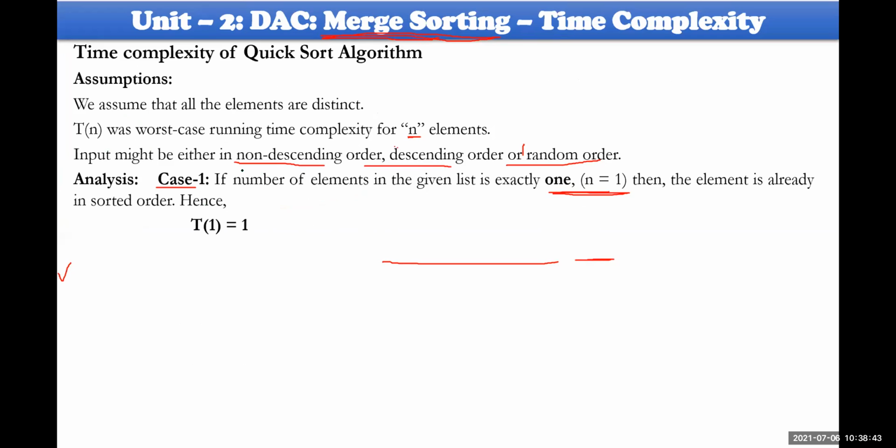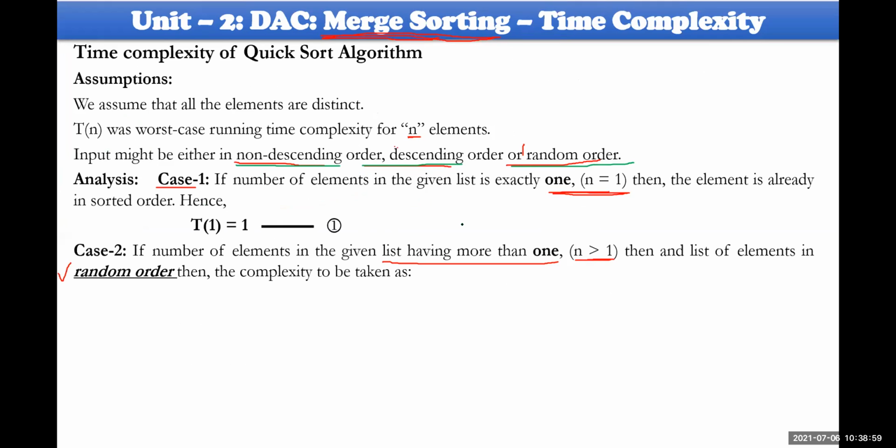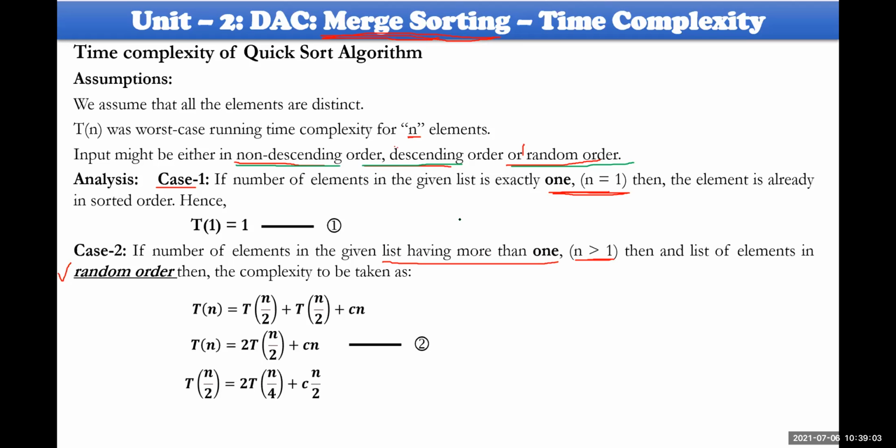Either in non-descending order or descending order or random order, it could be taken as the same kind of complexity. So please go through the previous material one more time, because time is very less and I'm in a hurry to close the class. Please go through the material which I have given here.